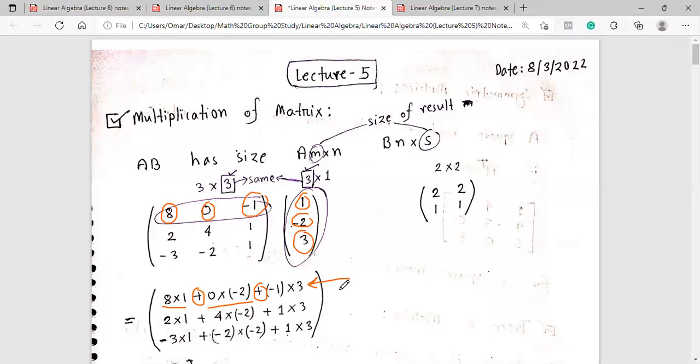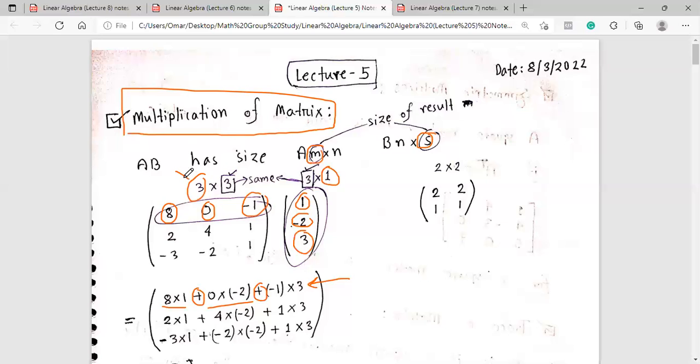okay? You have to remember that if we multiply matrices, the result matrix will be of a certain size. Here you can see the size of the result matrix will be 3 by 1, okay?